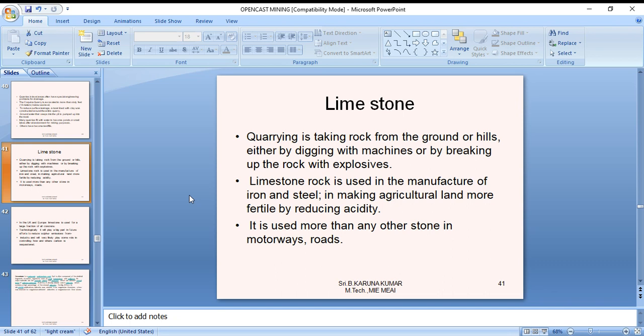Limestone rock is used in the manufacturing of iron and steel, and in making agricultural land more fertile by reducing acidity. It is used more than any other stone in motorways or roads.